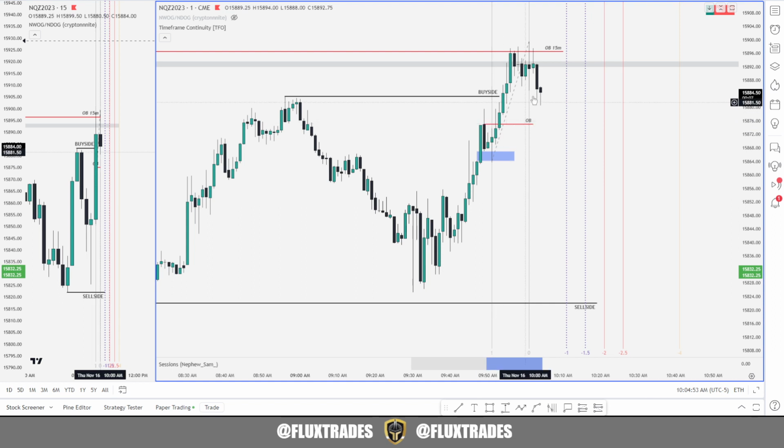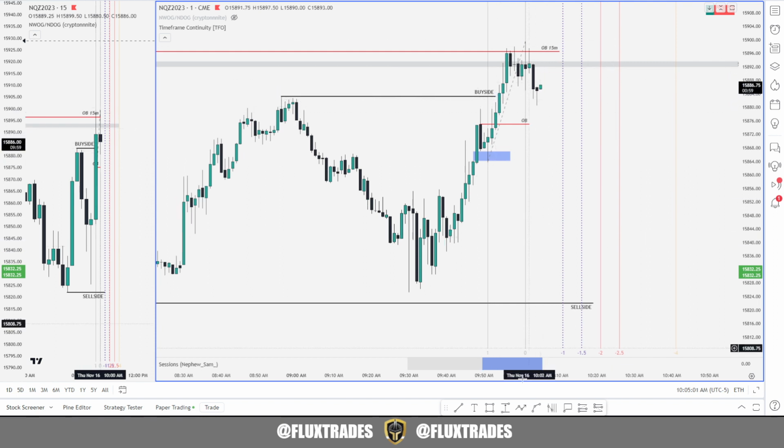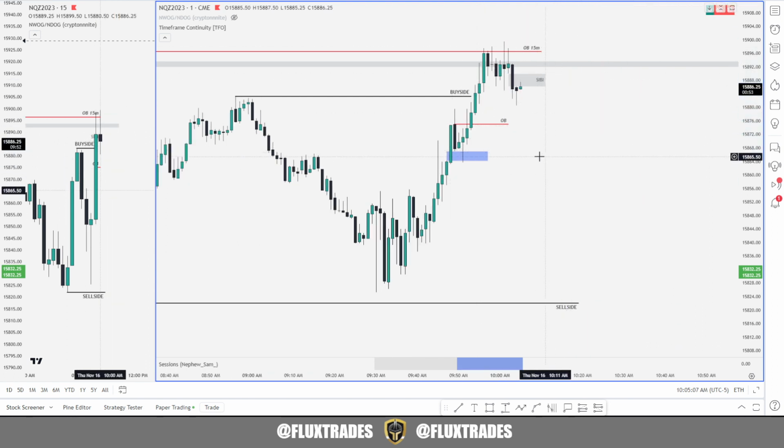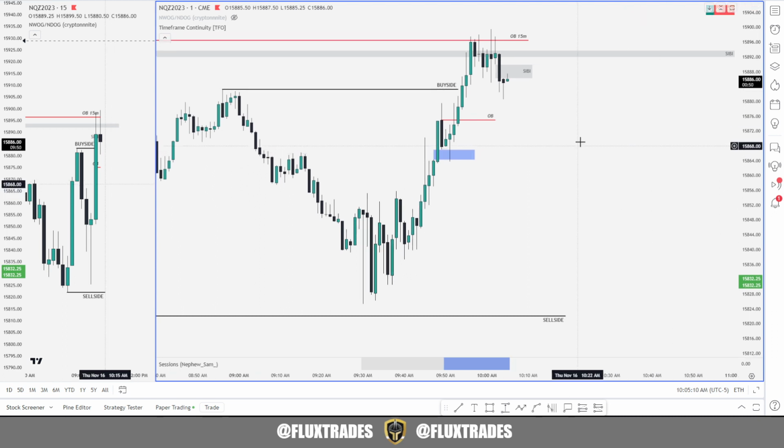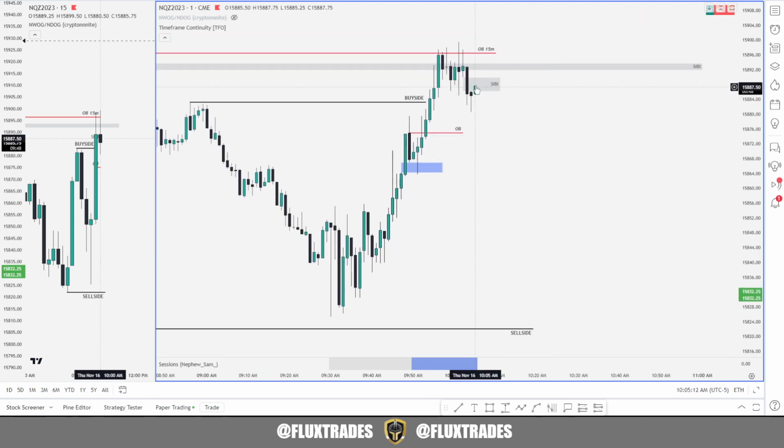You can see that as your breaker. Watch this SIBI here. It's not really a clean breaker, so I wouldn't really execute time fib on this. Watch how we close on this though.